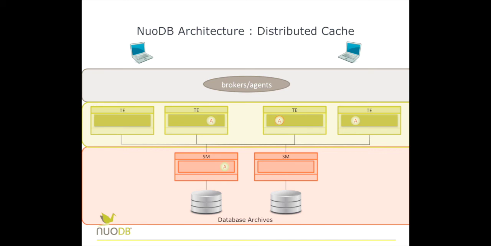In NuoDB, every single object, record, row that's in the cache anywhere will probably be in the cache in more than one place, and it will have a chairman. Typically, that is the first place where it was either created or retrieved into, but it doesn't have to be. And that chairman is responsible for managing the multiple versions of that object.